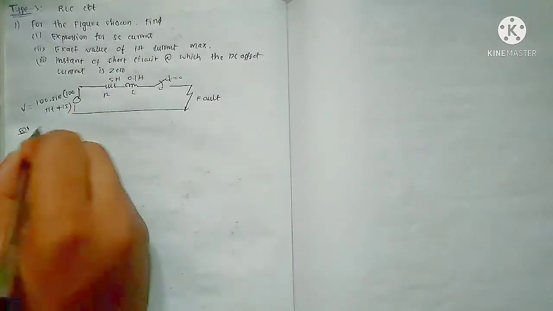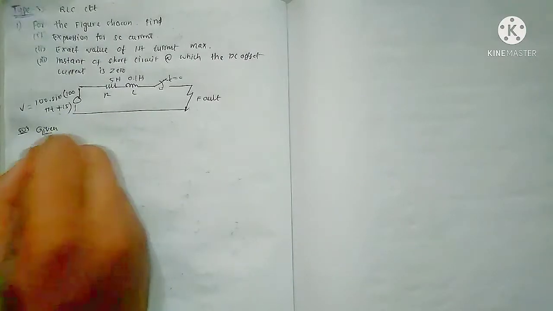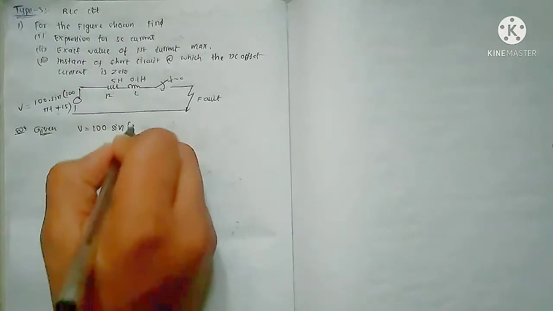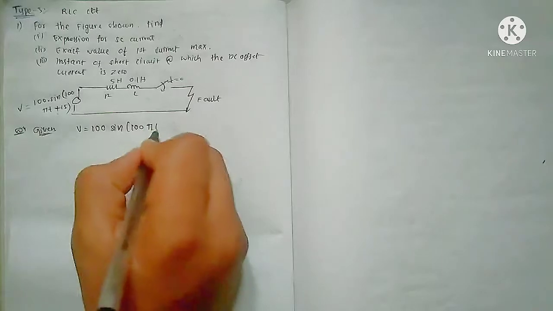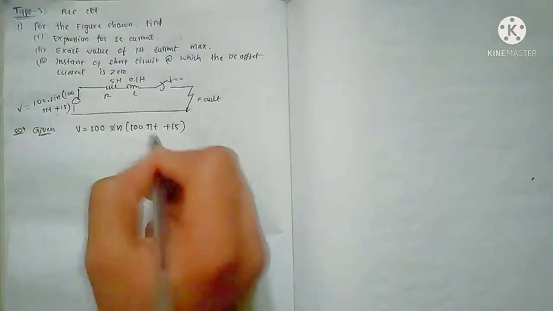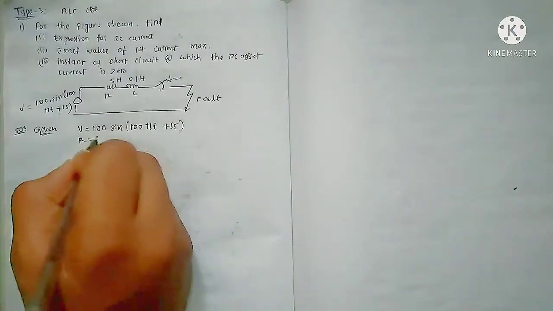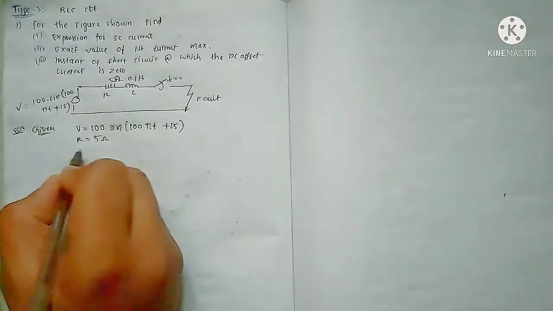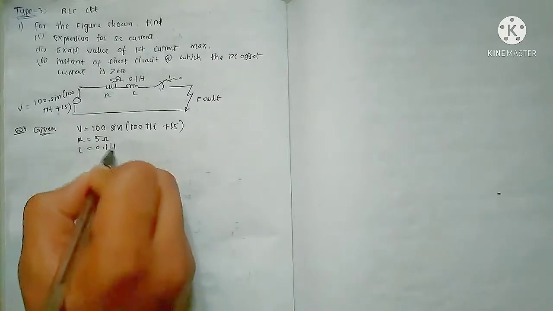Let us write the given data. Voltage is given as 100 sine(100 pi t plus 15 degrees), R is equal to 5 ohms, and L is equal to 0.1 Henry.